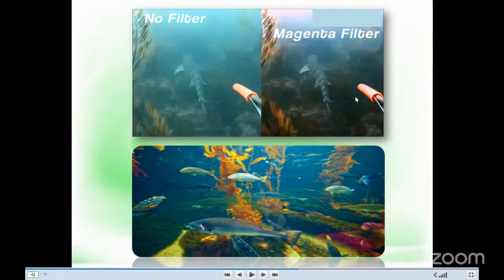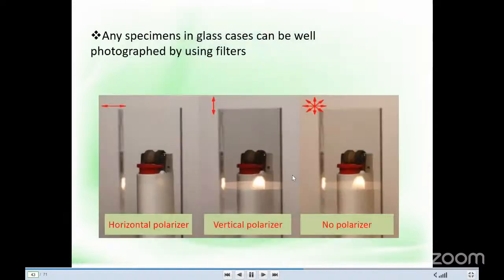When a filter is used, the fish is visible like here. Any specimen in glass cases can be well photographed by using filters. This is unpolarized. If you use no polaroid, this is the case. Vertical polarizer, this is a horizontal polarizer.